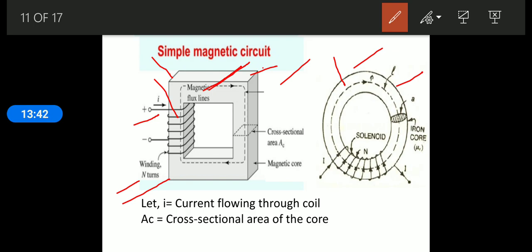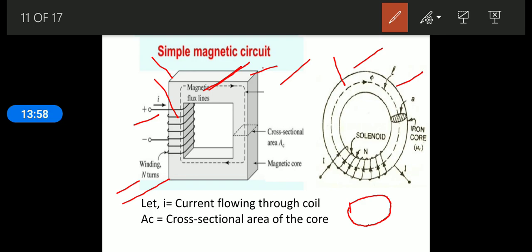This magnetic flux starts from this point and completes at this point when it has completed its path.